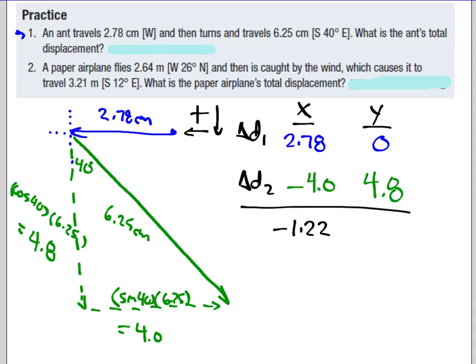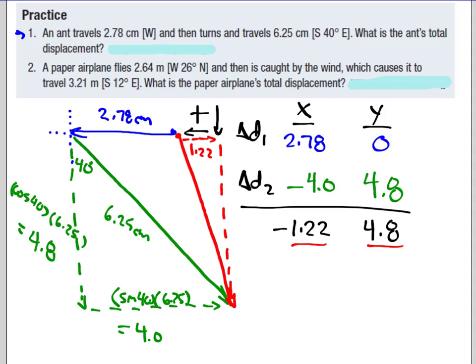And if we add up the y's, we have 4.8. Okay, so my resultant, and I'll do my resultant in red, starts here and finishes here. And if you look at that, I'm going back. There's the 1.22 back. Here's the 4.8 down. Okay, so these two pieces right here make up the components of the red resultant.